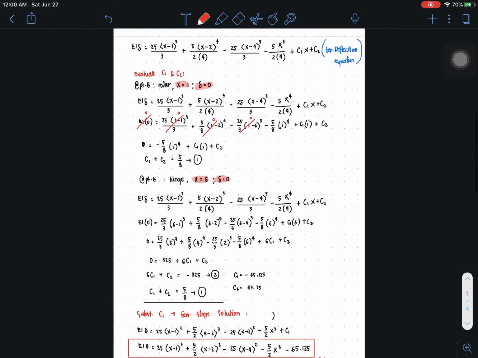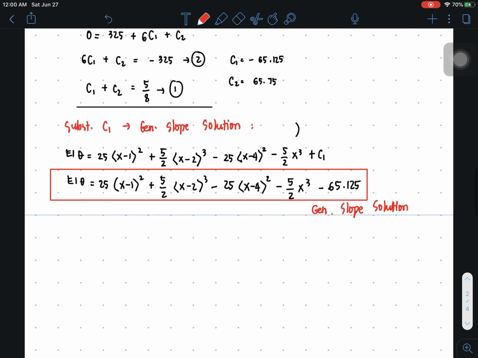But ato sang i-complete to. We're going to substitute C1 and C2 to general deflection equation.